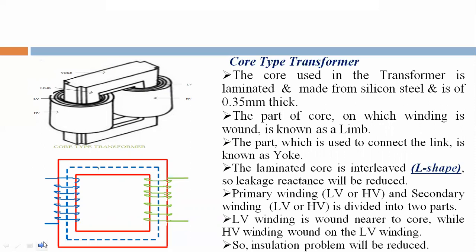The laminated core is interleaved L-shaped, so leakage reactance will be reduced. Primary winding LV or HV and secondary winding LV or HV are divided into two parts. LV winding is wound nearer to the core, while the HV, that means high voltage, winding is wound over the LV winding. So the insulation problem will be reduced.